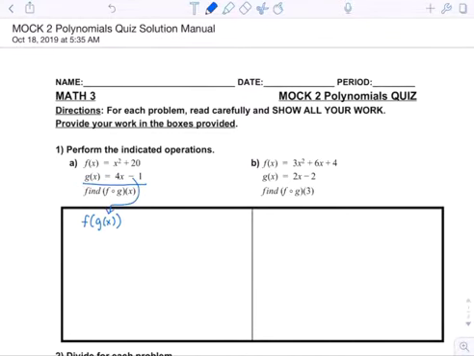So we're going to get f of 4x minus 1. Okay, so now we're going to use our f of x function and substitute 4x minus 1 everywhere we see an x term.